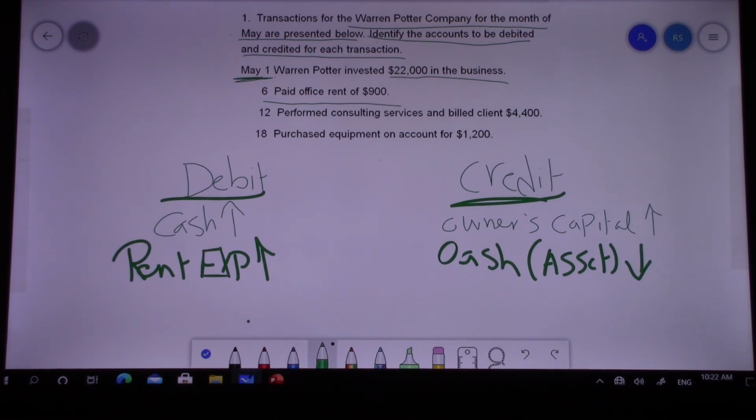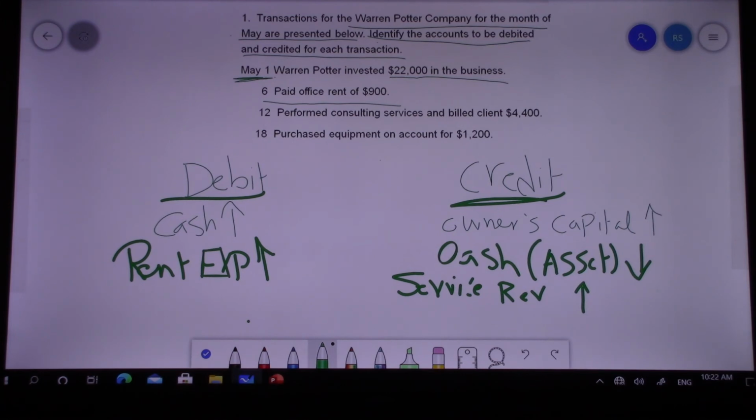When revenue increases, will it be debited or credited? It will be credited. So service revenue increased, and it will be written on the credit side.